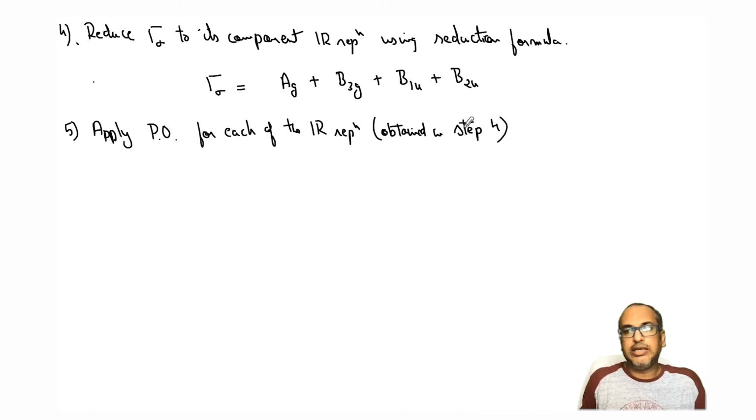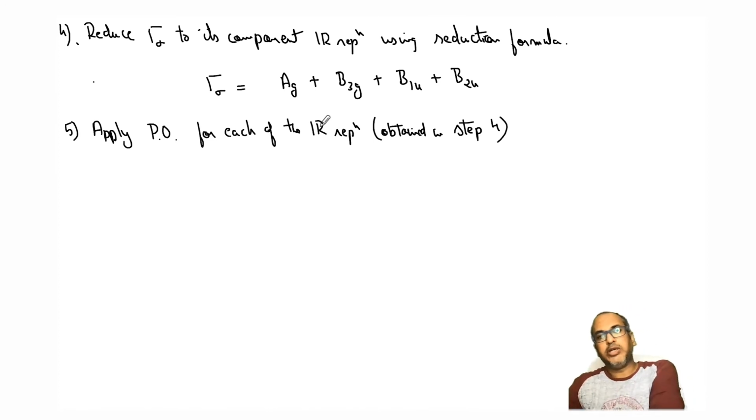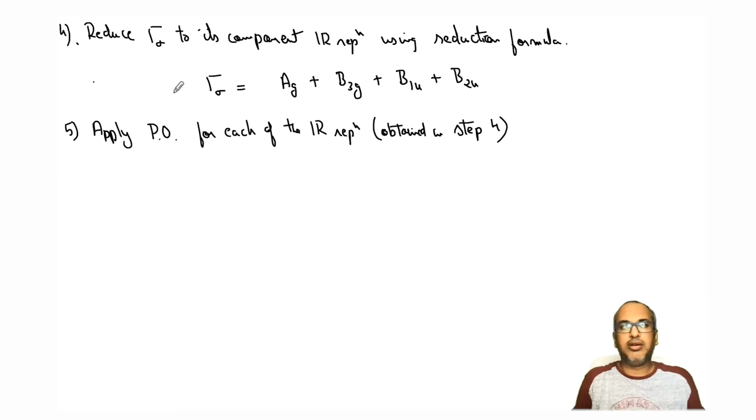You don't have to consider all the irreducible representations of the T2H point group. You have to consider only those which come from reducing this reducible representation, which was in turn formed using the 4 sigmas as the basis. Other representations, even if you consider them, will turn out to be 0, so there would not be any contribution from them. We can test it out if you want to.